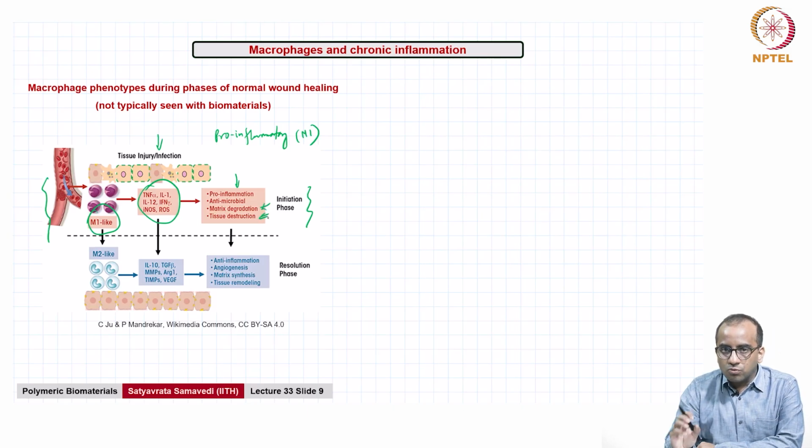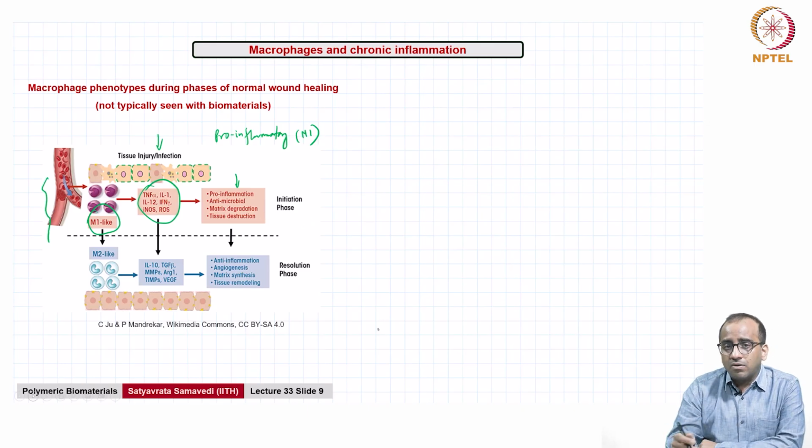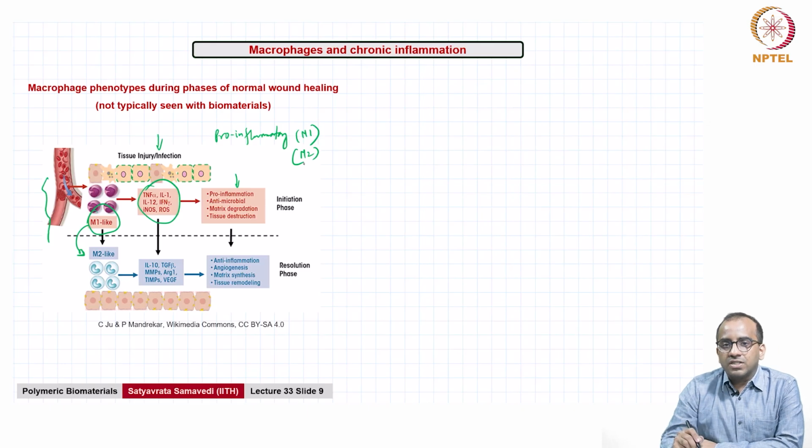Essentially, this phase is what combats the enemy, whether it's a bacterium, a chemical, debris, or an implanted biomaterial. But typically, in a normal wound healing process, these macrophages make a switch to an M2 kind of macrophage, which can involve both wound healing or reparative macrophages.